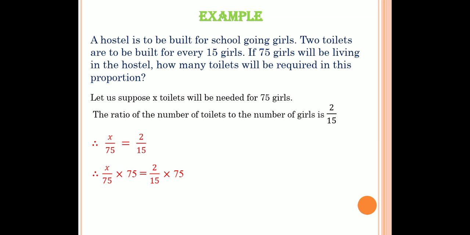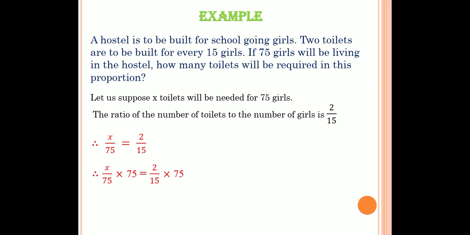Then x upon 75, what are we doing? We are dividing. In the previous lesson we have learnt about equations. If it is division, we convert it into the opposite and make it multiplication. So we have multiplied 75 on both the sides.